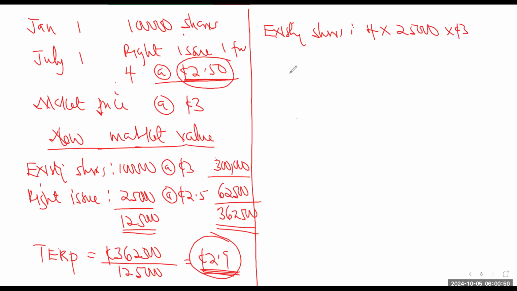Can we say that the 300,000 can be calculated like that? Yes, it can. Can we also say that this can be calculated as 1 multiplied by 25,000 multiplied by 2.5? Yes. This and this will what?